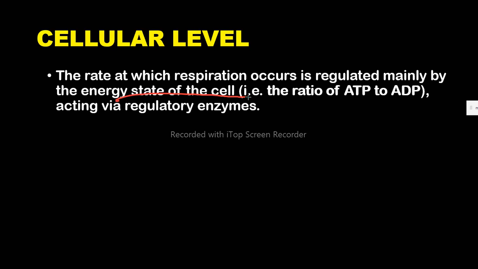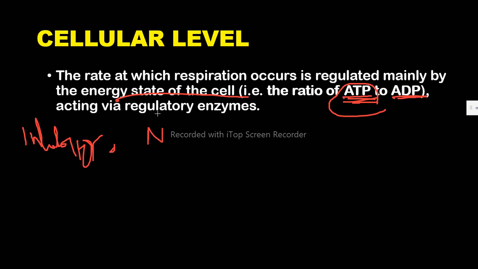The ratio of ATP to ADP in a cell. And here, these two, but especially ATP, work as an inhibitor. And to be specific, a negative inhibition pathway.